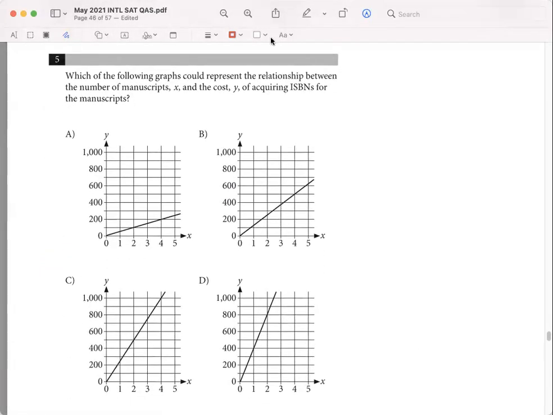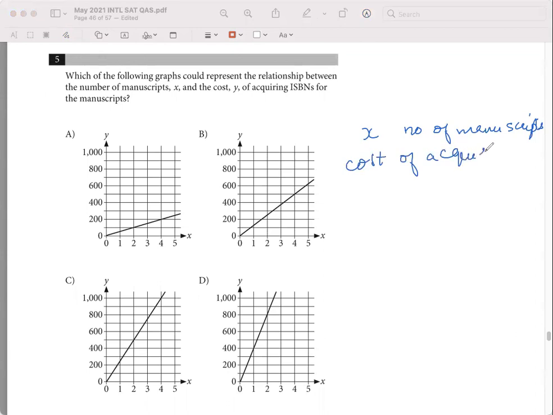So if x is the number of manuscripts, then the cost of acquiring an ISBN is 125x, right? Because whatever is the number of manuscripts, you multiply that by 125.